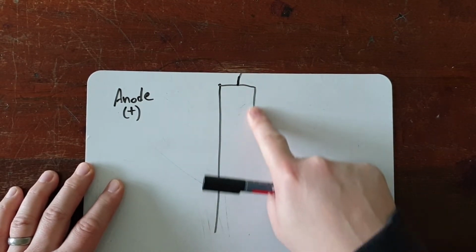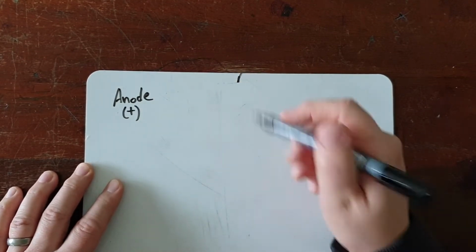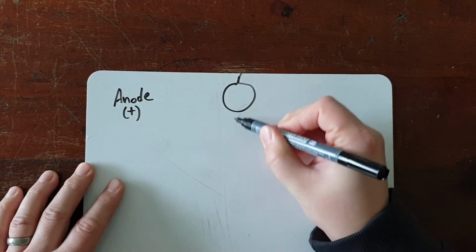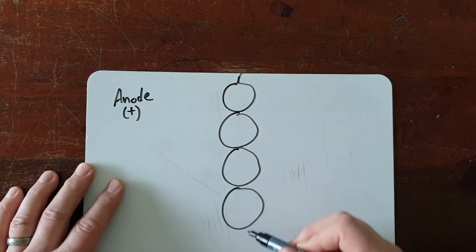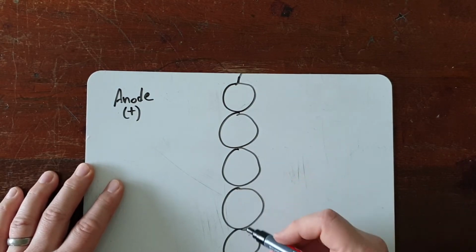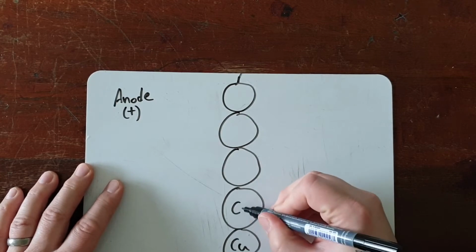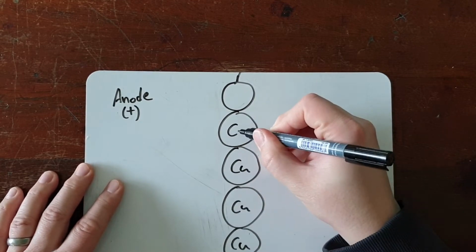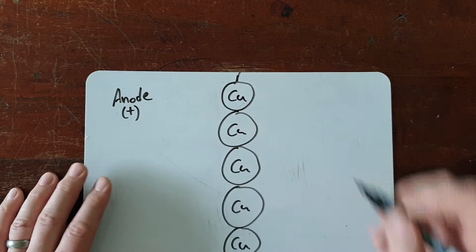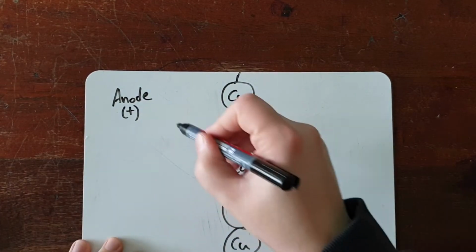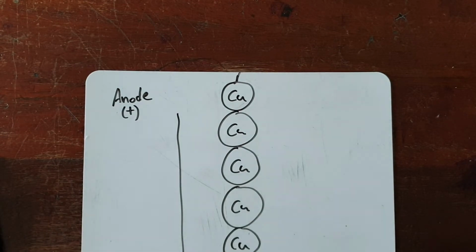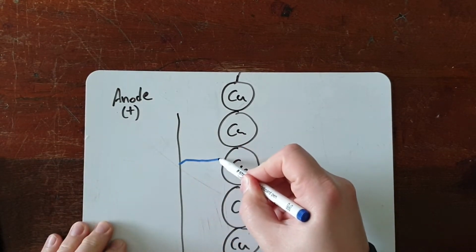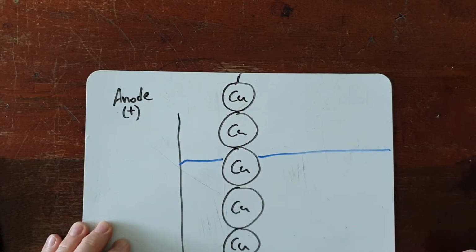So I'm going to imagine we're zooming in on this. Instead of drawing it like a bar, I'm going to look at the individual atoms, right? So this is like the smallest anode possible. It's obviously not actually this small in reality. And it's made of copper: Cu, Cu, Cu, Cu, Cu. It's in our container. I'll draw the electrolyte in blue, which is our liquid.